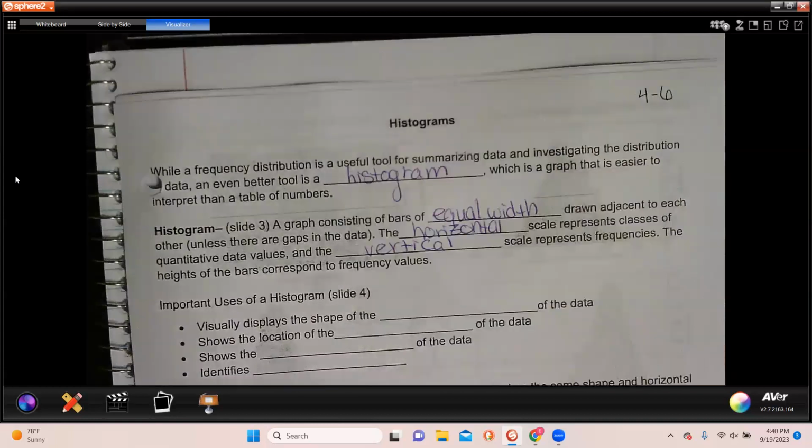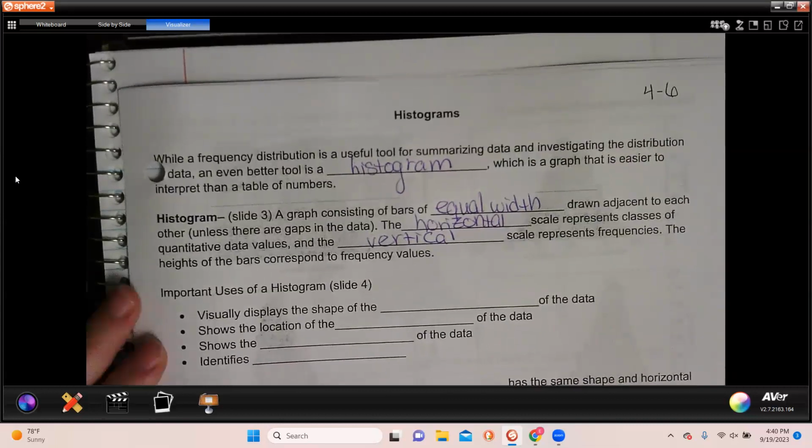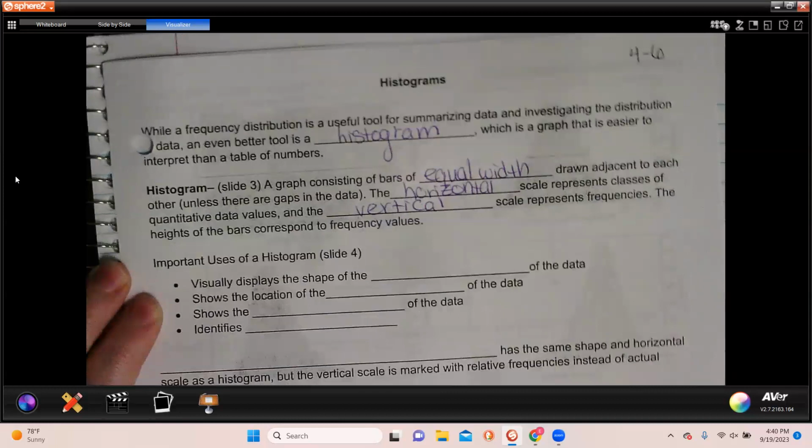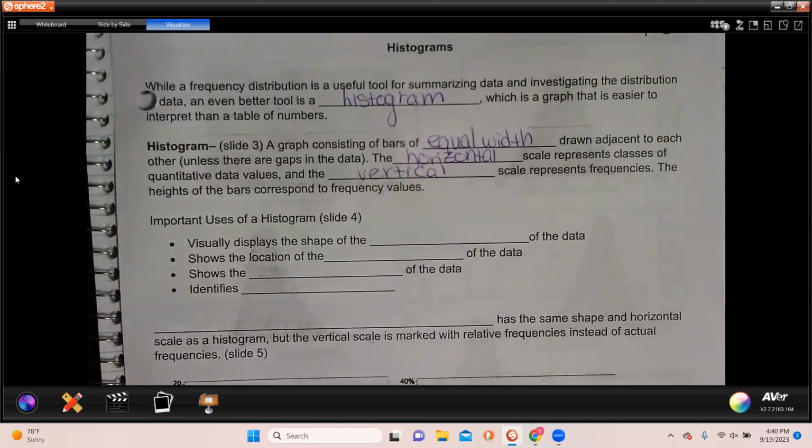So while a frequency distribution is a very useful tool for summarizing data and investigating the distribution of that data, an even better tool is a histogram, which is a graph that is easier to interpret than a table of numbers, let's be honest. A histogram is a graph which consists of bars of equal width drawn adjacent to each other, unless there are gaps in the graph.